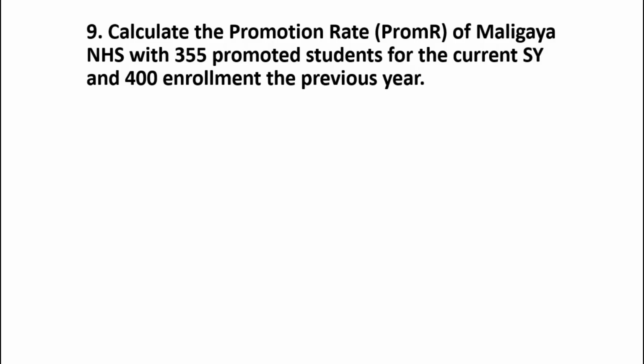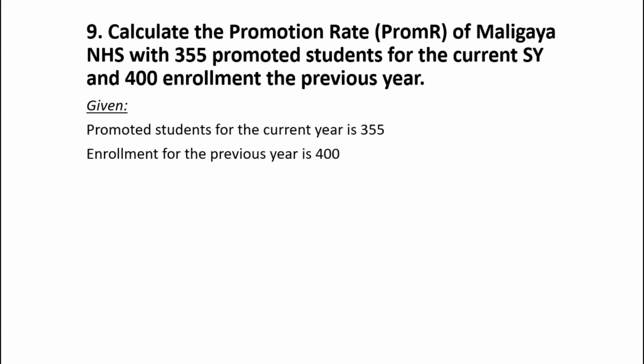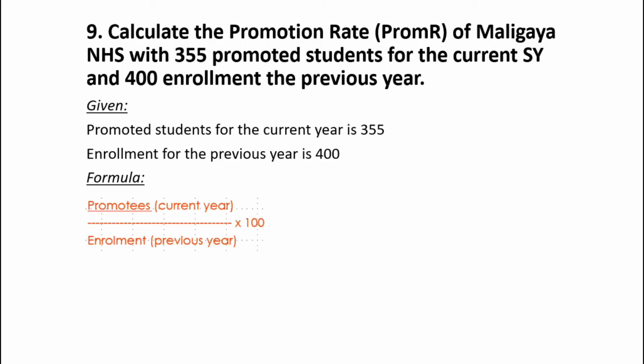Okay, time is up. So the given is promoted students for the current year, which is 355, and the enrollment for the previous year, which is 400. So what is the formula? Promotees for the current year and enrollment for the previous year. So you have to divide. So mapapansin niyo yung previous year, siya lagi yung divisor, and you multiply that by 100.